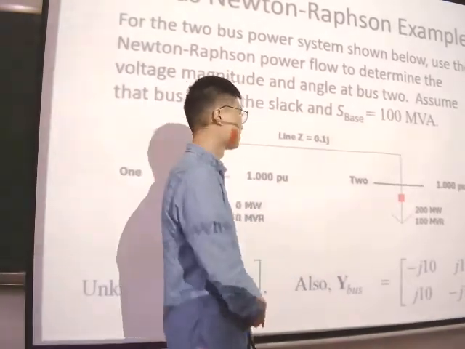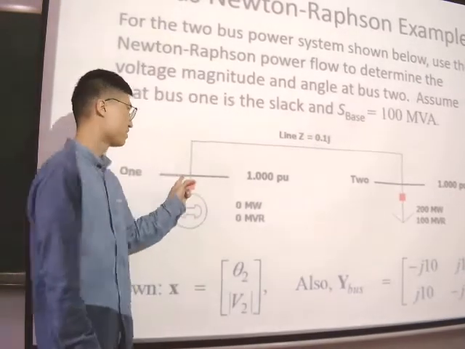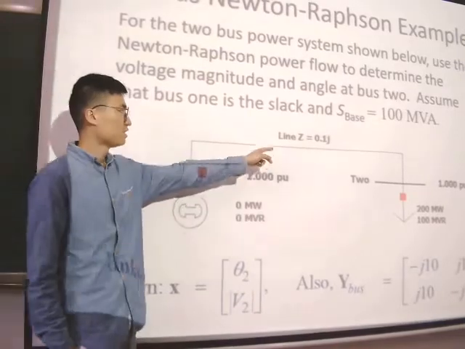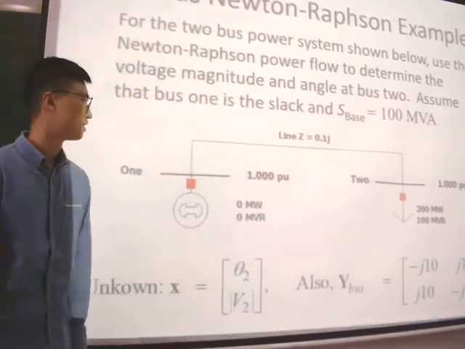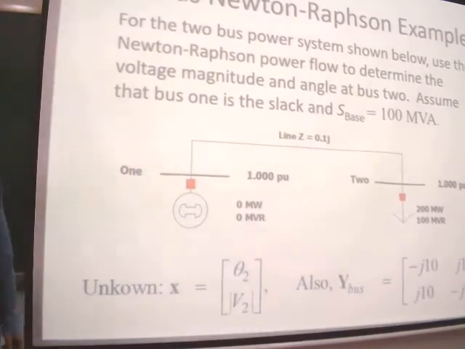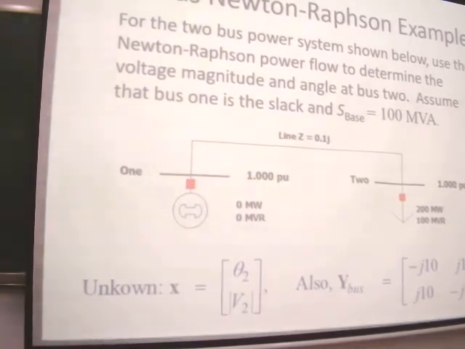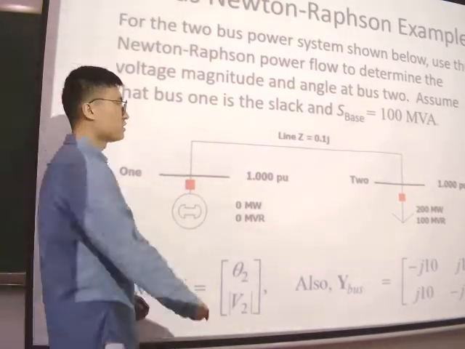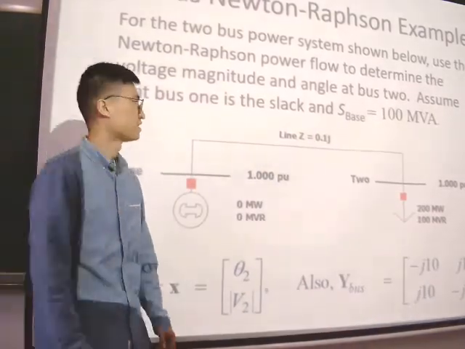The Y bus is easy, right? The series admittance here is the inverse of z, which is 1 over z. Node 1 to 1 is minus 10j, 1 to 2 is 10j, 2 to 1 is 10j, and 2 to 2 is also minus 10j, because there is only one impedance, z equals 1 over j.